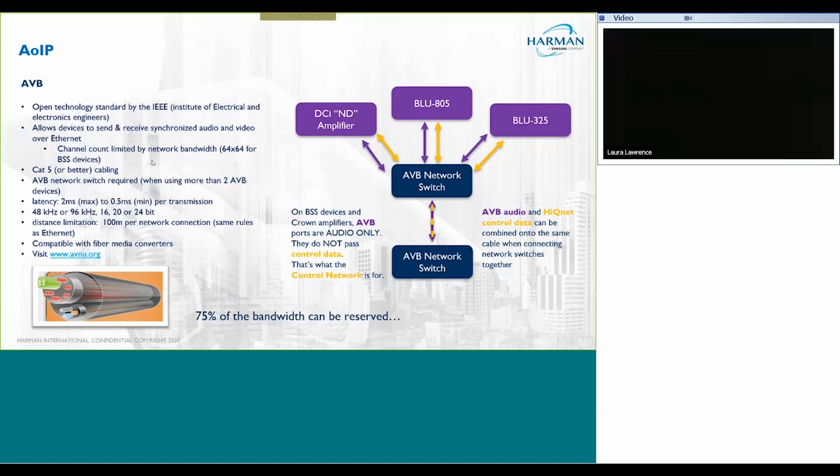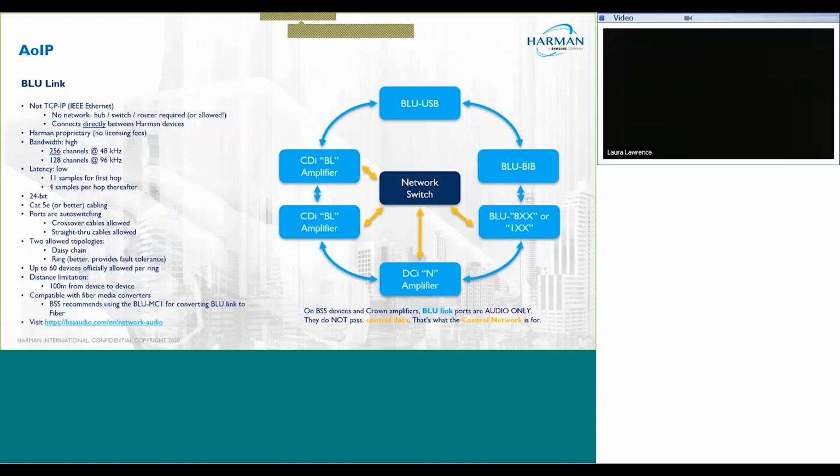The chipset that we use allows for 64 in, 64 out in BSS devices. However, when you move to BLU Link, you expand that to 256 channels at 48 kilohertz. Basically all the Harman equipment supports 48 kilohertz. Some Harman equipment supports 96 kilohertz. And just be aware, of course, that if you double your sampling frequency, you cut the channel count in half, down to 128.